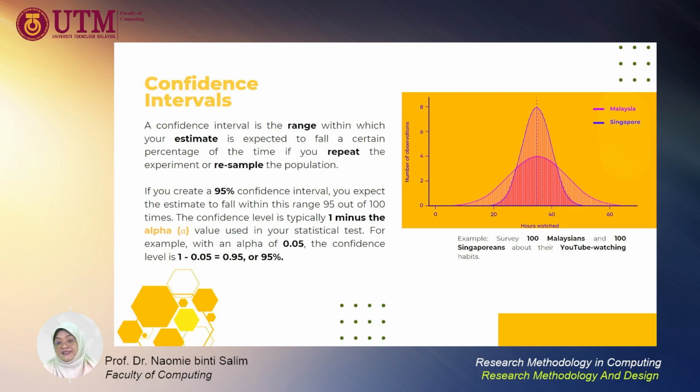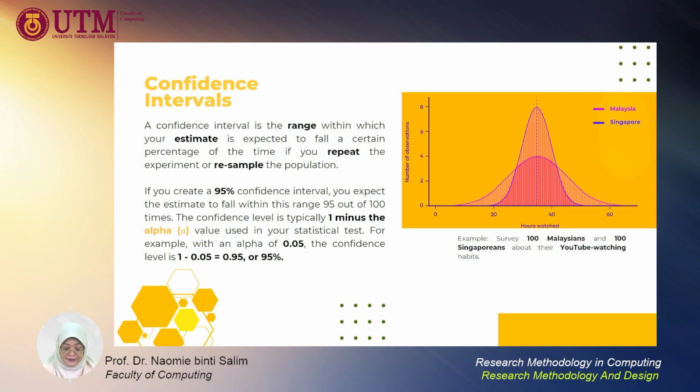The confidence level is typically 1 minus an alpha value used in statistical tests. For example, use of alpha 0.05 makes the confidence interval 1 minus 0.05, which is 0.95 or 95%.